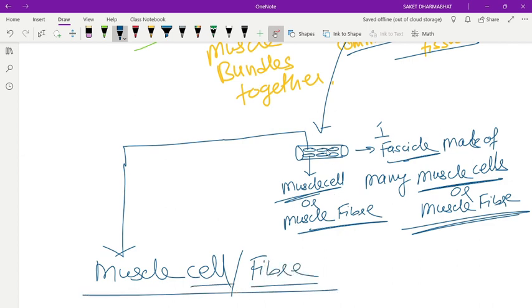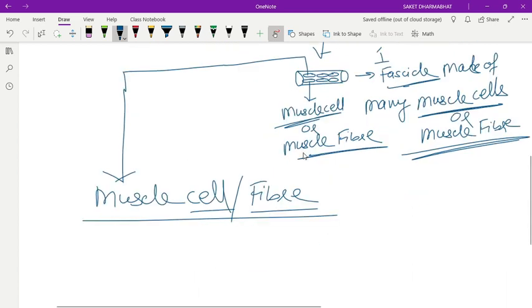How is this one muscle fiber looking? I am explaining how it is looking.